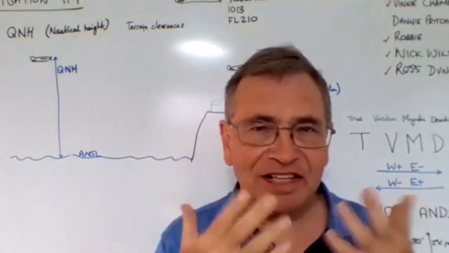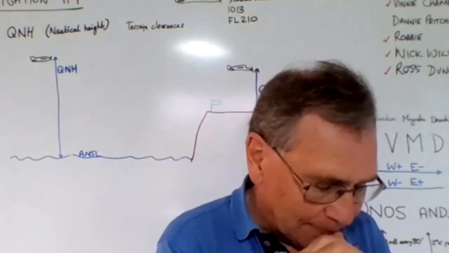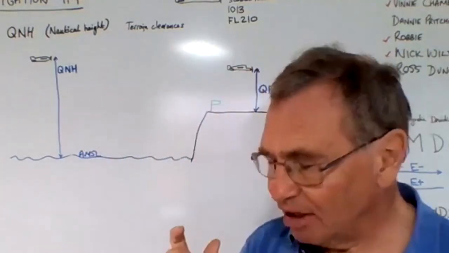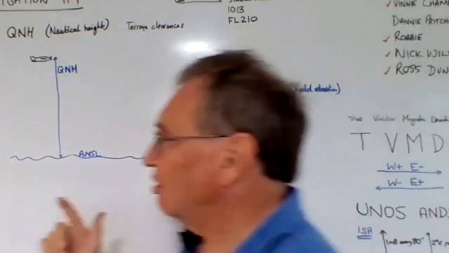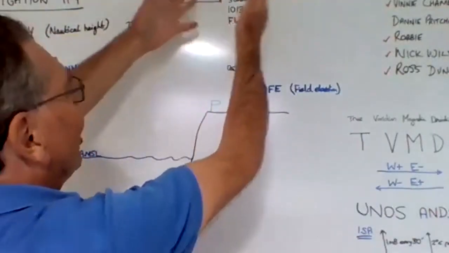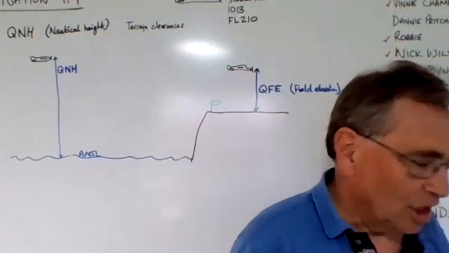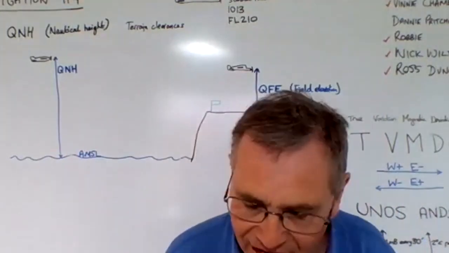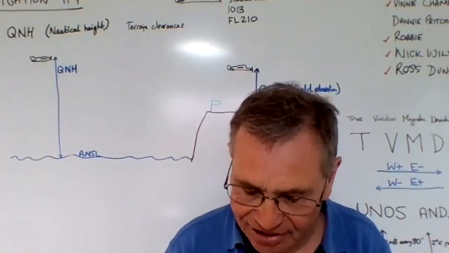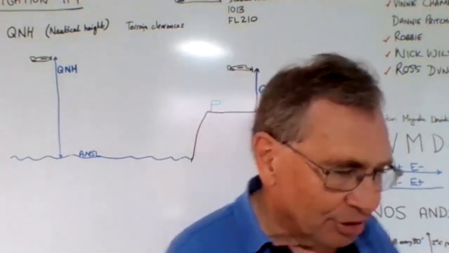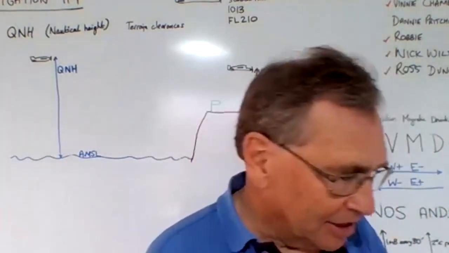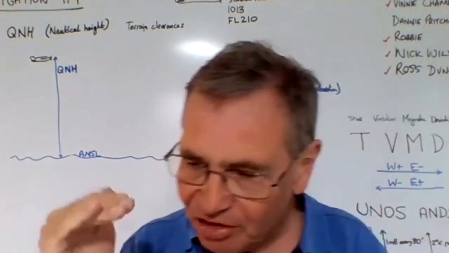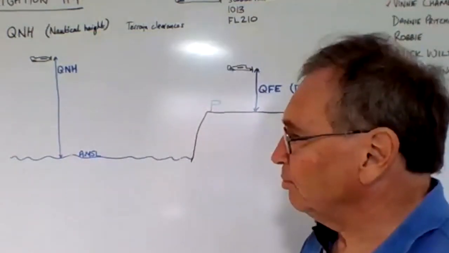But you might be able to see there could be an issue here, because we've already said that one of the reasons for QNH and flight levels is to make sure that we're all flying at the same pressure setting, so that when you hear on the radio that you're flying at flight level 85 and there's somebody else flying at flight level 90, you know that you're going to be 500 feet away from them.